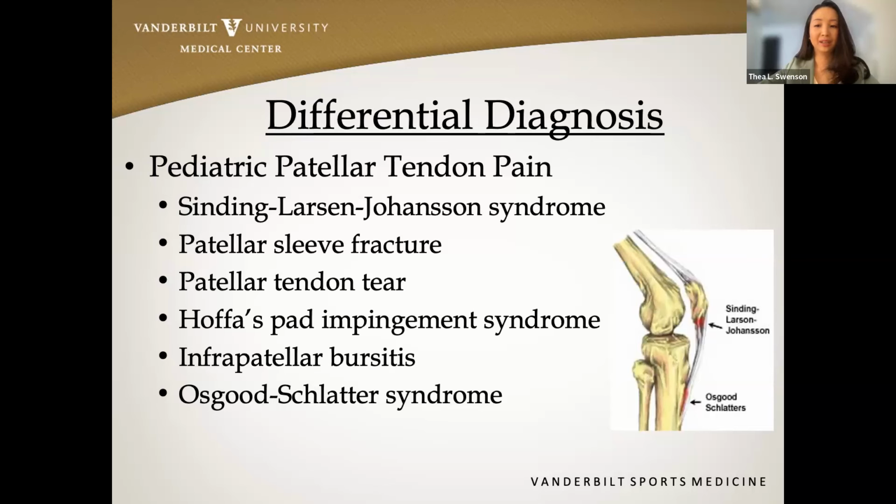These are more commonly acute and result from forceful contraction of the quadriceps muscle. We have patellar tendon tear or rupture, irritation of the infrapatellar fat pad or Hoffa's fat pad impingement syndrome, irritation of the infrapatellar bursa or infrapatellar bursitis, and then Osgood-Schlatter, which is an osteochondral defect or a traction apophysitis at the tibial tubercle, where the patellar tendon attaches distally.